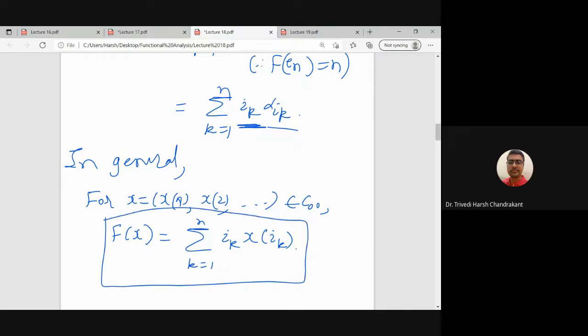So this is the expression of the function, which is not continuous.